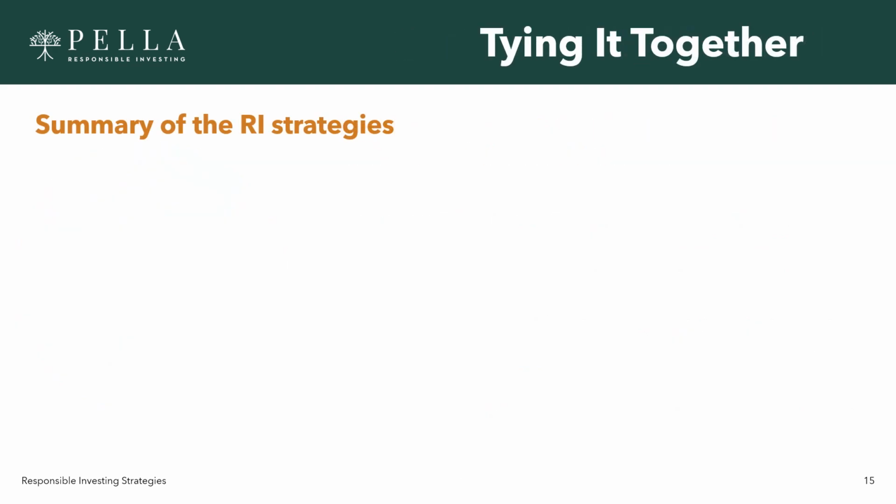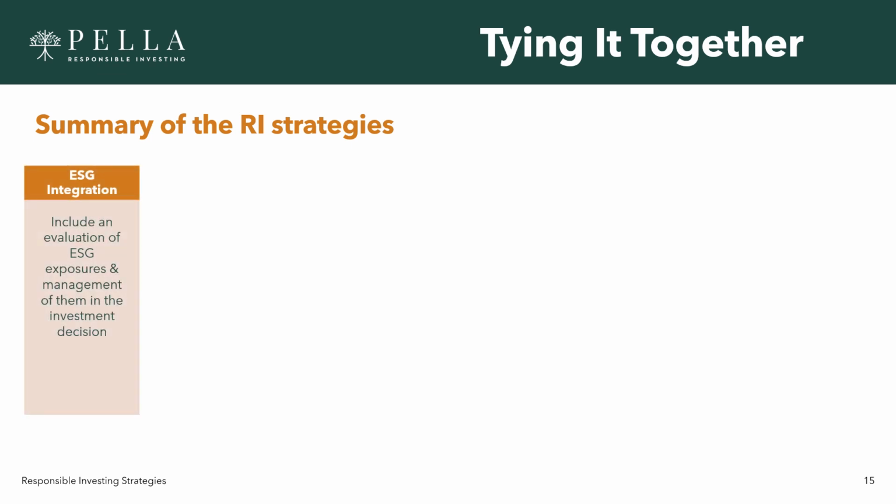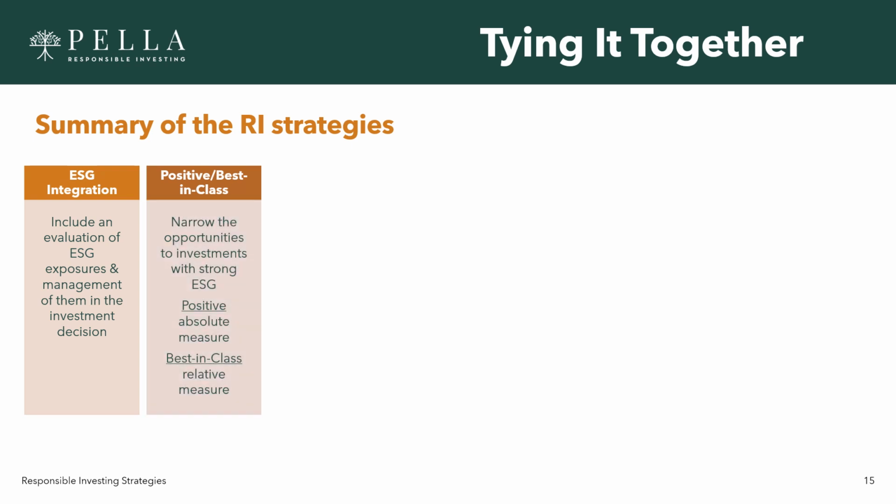Let's recap the strategies we've discussed. ESG integration involves including an evaluation of environmental, social, and governance factors during the research process, and including those factors in investment decisions. Positive and best-in-class ESG integration narrows the investment universe to opportunities with strong ESG characteristics.